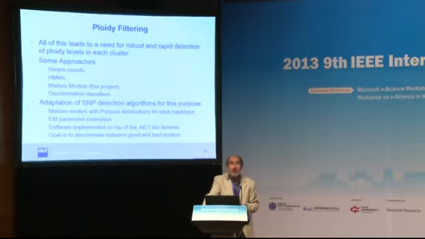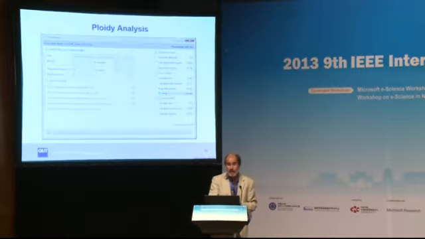But at this stage, we're working with a mixture model which has been adapted from previous work which has been used for straightforward SNP detection. So we're using a mixture model with Poisson distributions for each haplotype, parameter estimation via expectation maximization, and the software here is implemented on top of the .NET Bio libraries. And ultimately, of course, the goal is to discriminate between good and bad clusters.